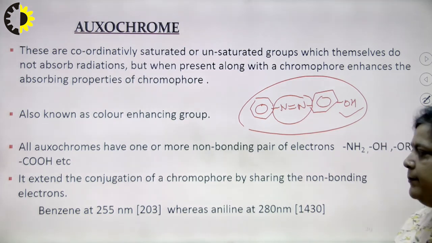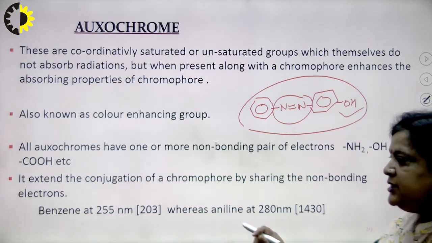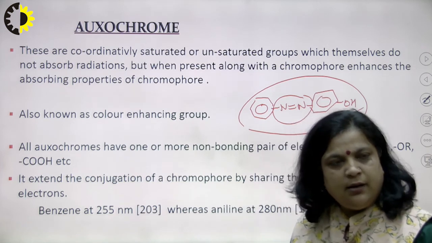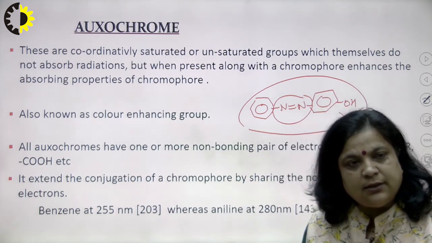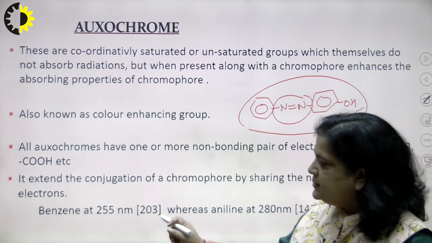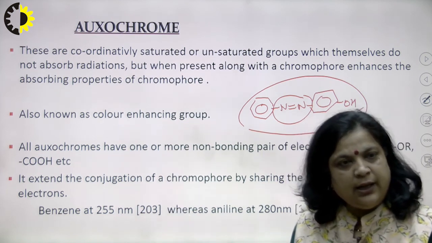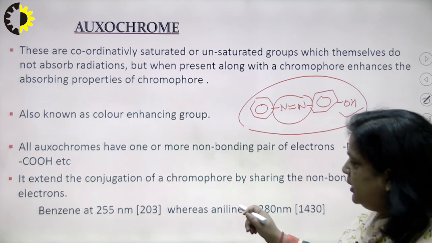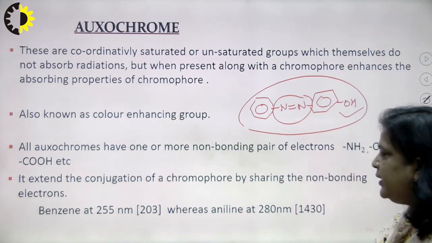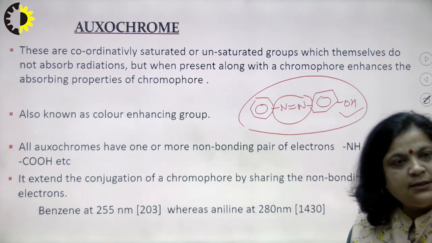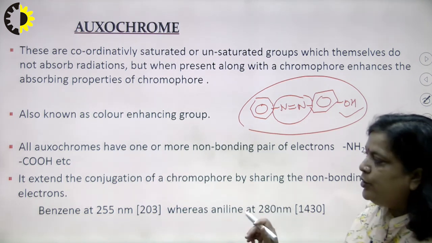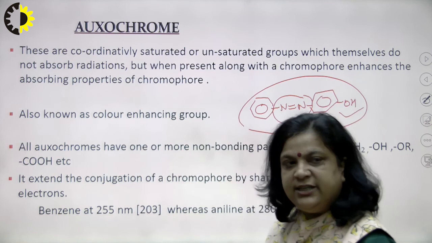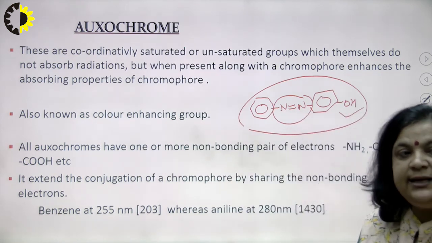For example, benzene. Benzene shows absorption maxima, that is lambda max, at 255 nanometer, and its epsilon is 203. But in the case of aniline, its lambda max becomes 280 nanometer. It means when we introduce an NH2 group in benzene, its lambda max increases.